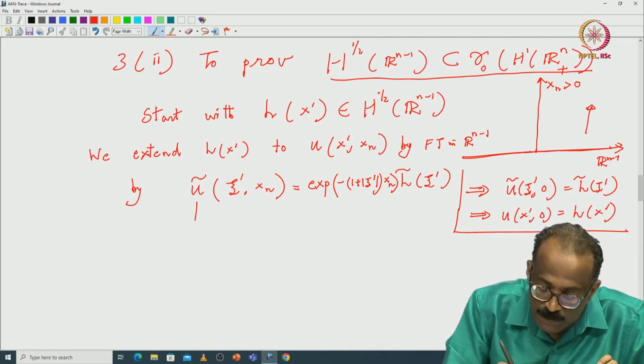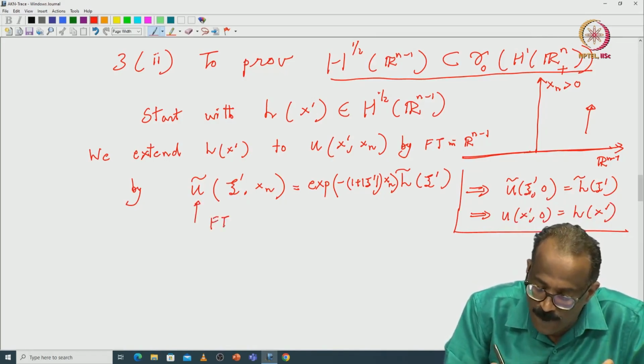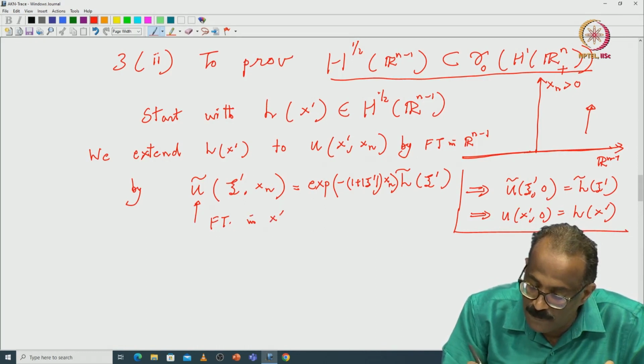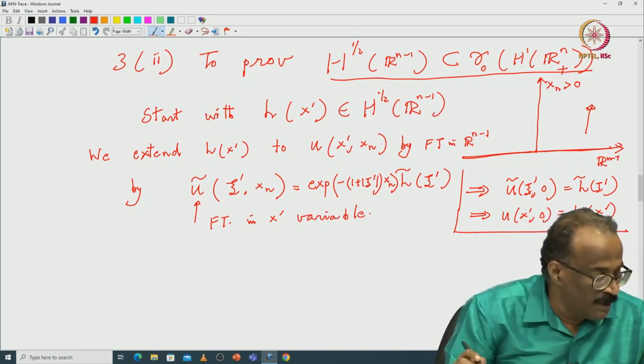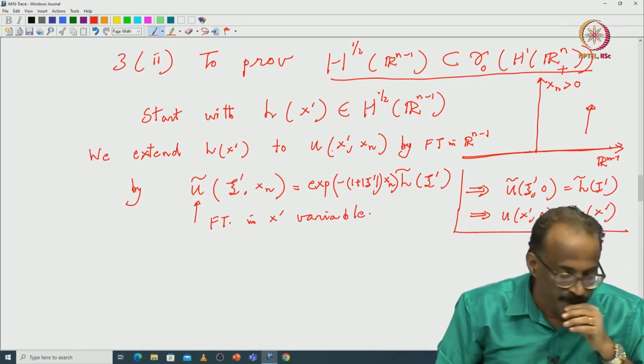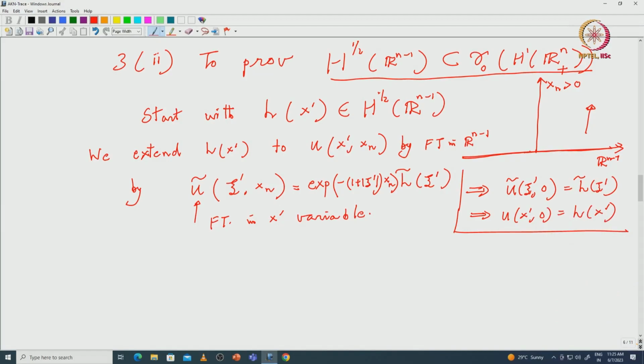So this is the Fourier transform in the x' variable. Okay, that is it. Now we want to compute this one. This is defined, of course, for x_n positive. So now you extend, and u is defined in R^n plus. Keep that in mind: u is defined only there, that is what we wanted, but there is a technical difficulty.